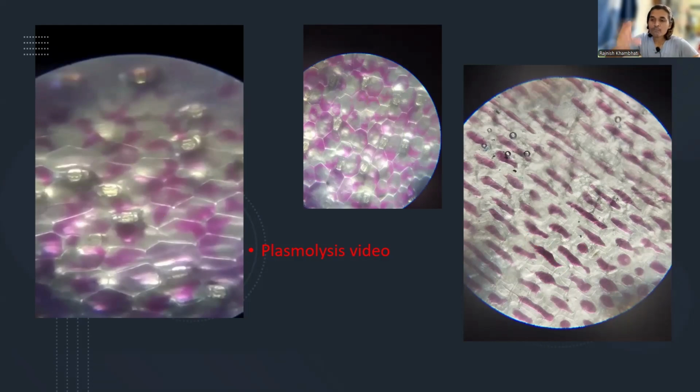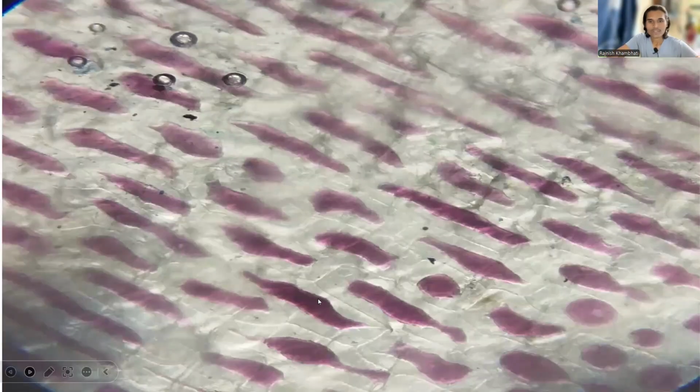Now, if you put the plant cell into hypertonic solution, remember, hypertonic solution outside. This is how it looks first. Now, let me write it on the same thing. I will draw it again for you.